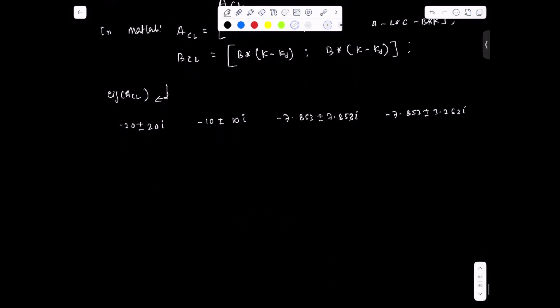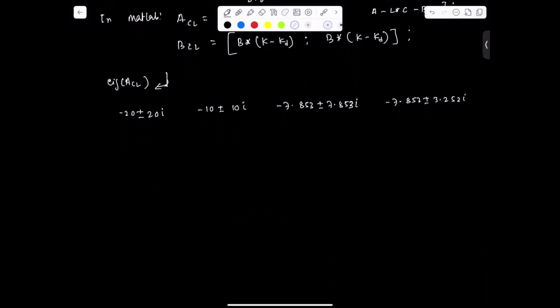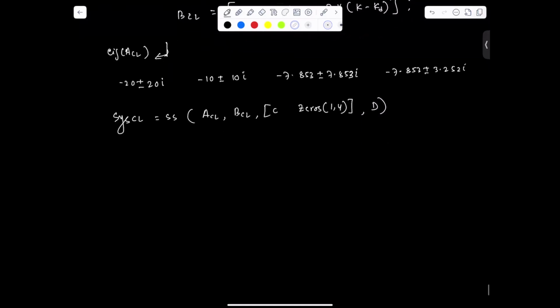Now we'll define the closed loop system, SYS CL equal to SS, with ACL, BCL, C equal to zeros, 1, 4, and D equal to 0. This gives you the state space model based on these matrices.